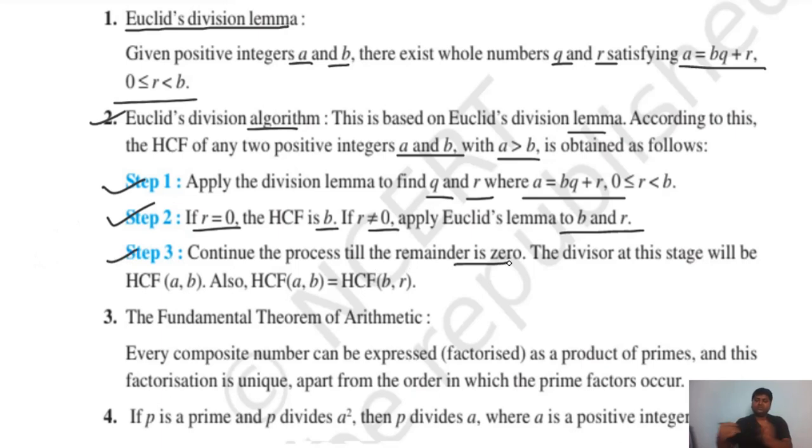The divisor at this stage will be the HCF. That means when we get the remainder 0, the divisor at that stage is the HCF of a and b. Also, HCF of a, b equals HCF of b, r.